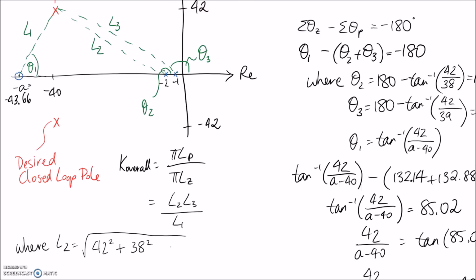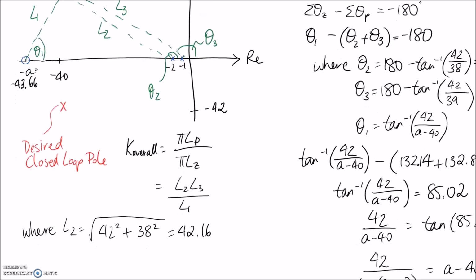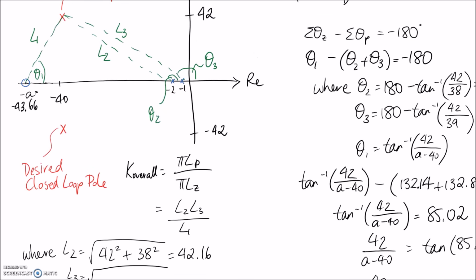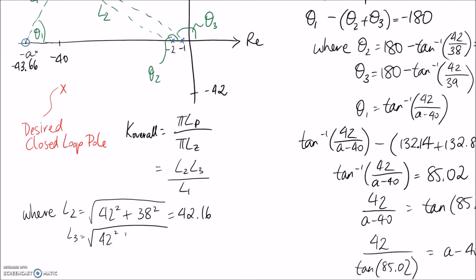So we end up with a pole length here of 42.16. The next one, we'll go with L3. Using Pythagoras theorem, the height here is 42, and the length here is going to be 40 minus 1, so 39.